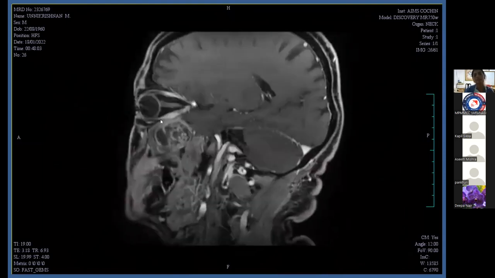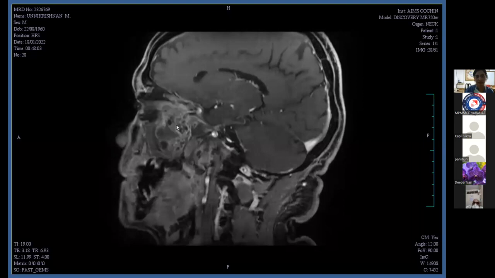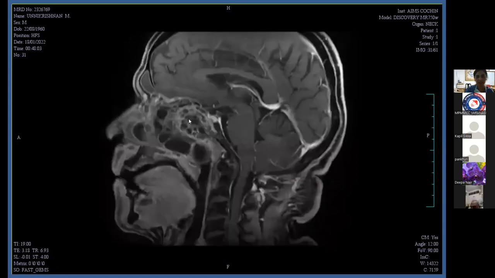This is the cystic mass which is occupying the maxillary, maybe abutting or occupying, we can't say here, but there is no breach of the inferior orbital fissure, and it is pushing the orbit up, filling the nasal cavity, abutting the anterior skull base, causing the contour bulging, pushing the bone up.